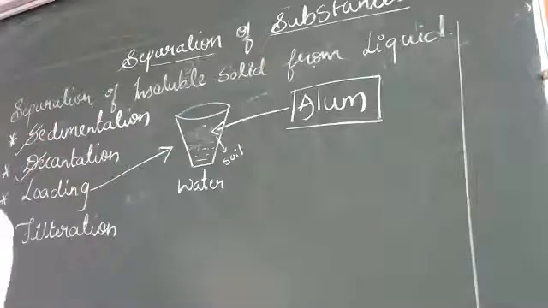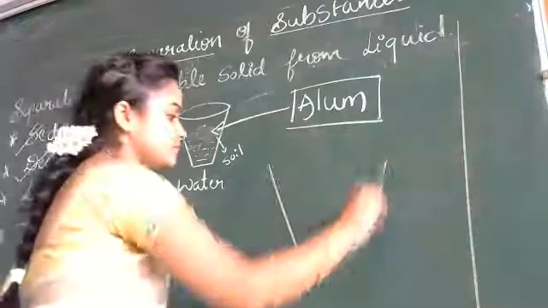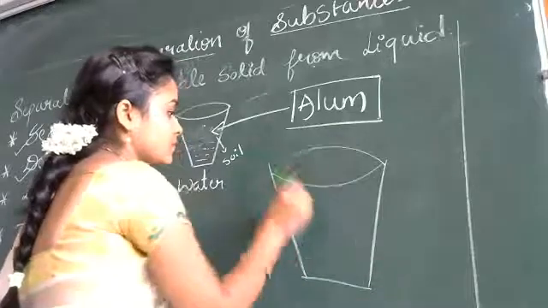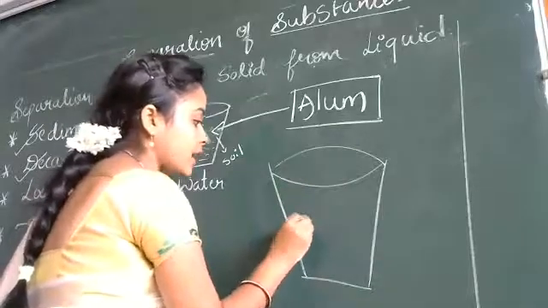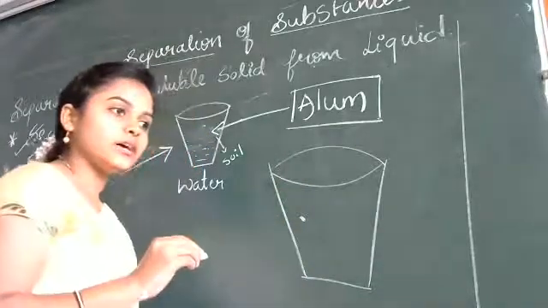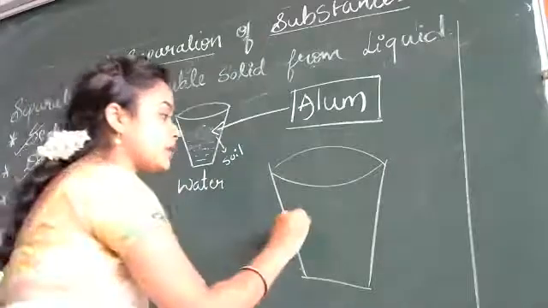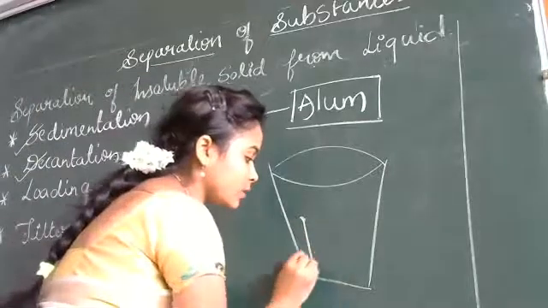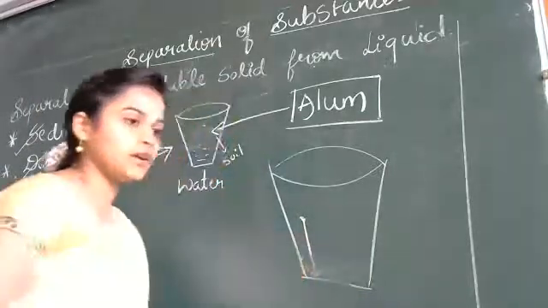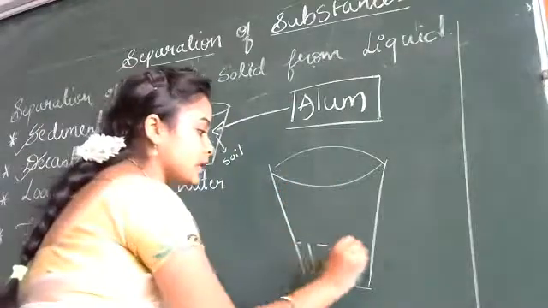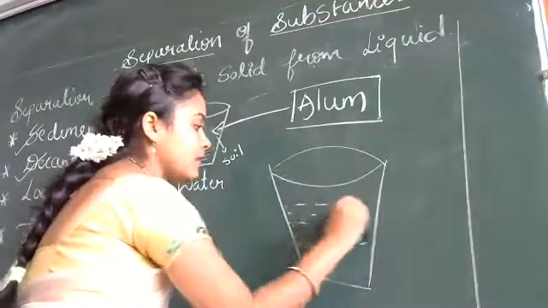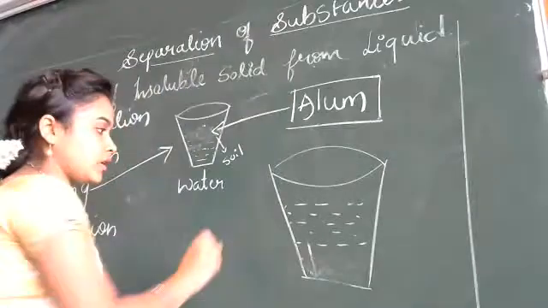Now what happens here after adding alum? The soil particles and the alum will stick together, they become heavier and settle down at the bottom of this beaker, and the remaining water will remain at the top.